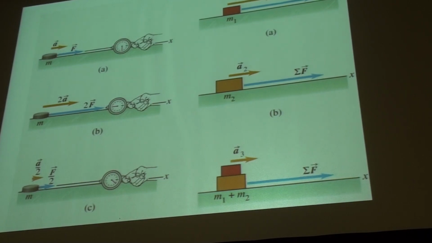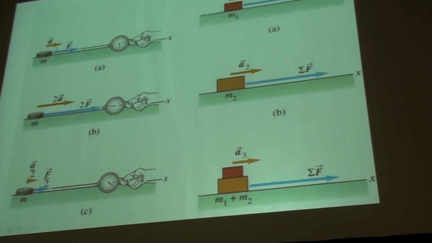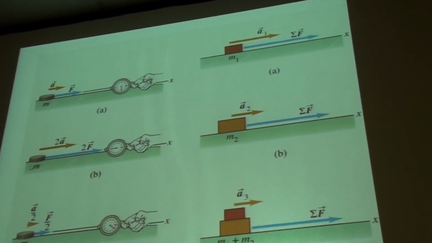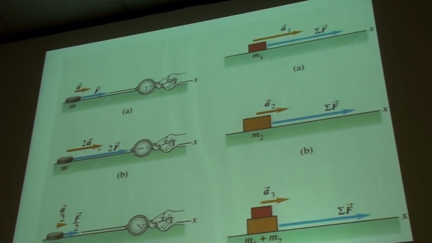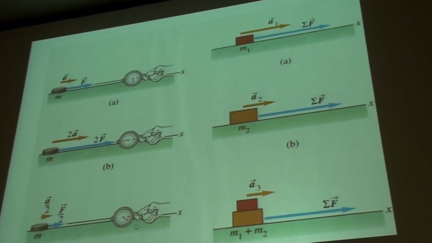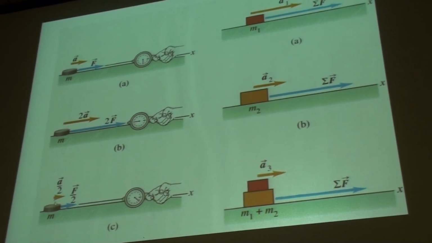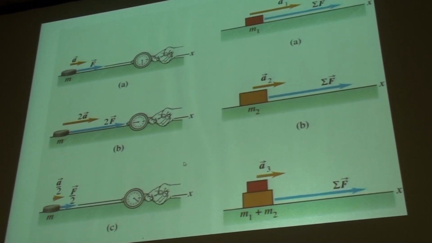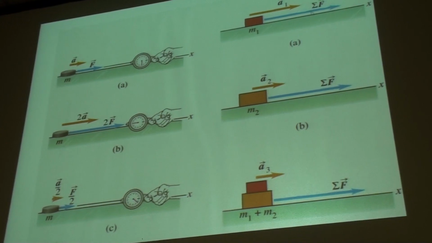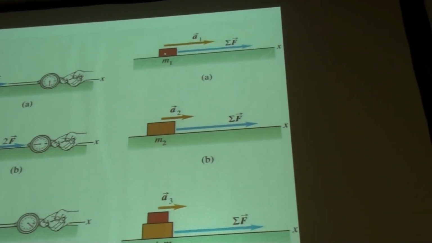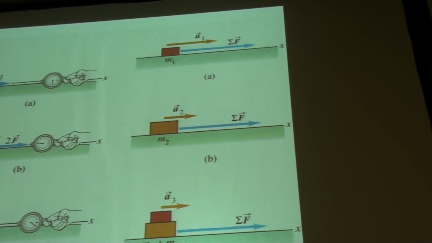Okay, so here we can see then that if we apply a force, we get a certain acceleration. If we apply twice that force to the same mass, we get double the acceleration. If we apply half as much force, we get half of the acceleration if we're acting on the same mass. But if we apply the same force to progressively larger masses, the acceleration will go down.